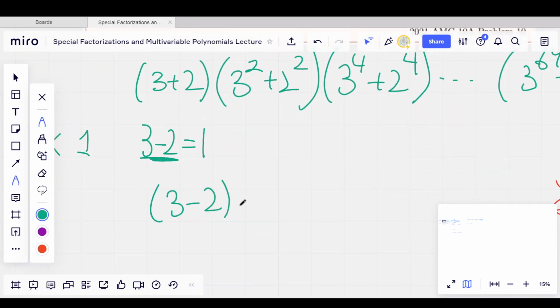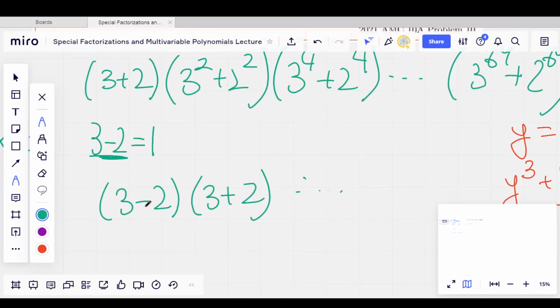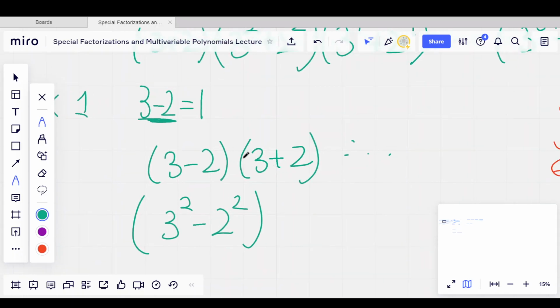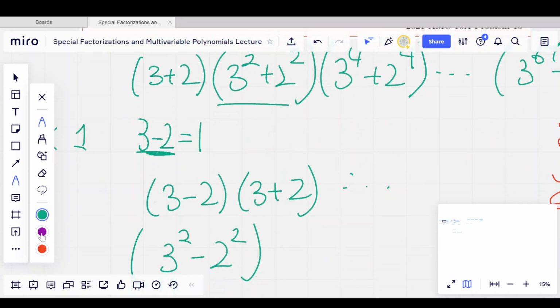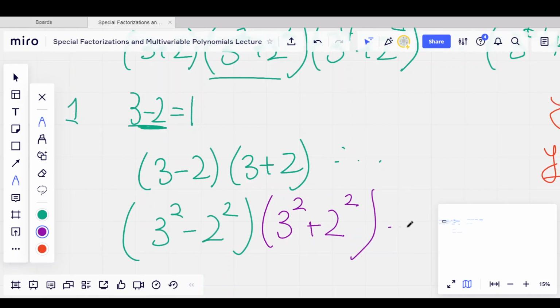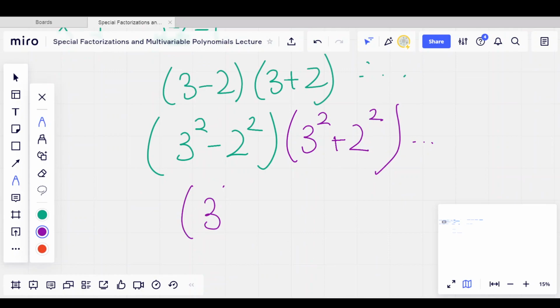So we can just do it like this, and then dot, dot, dot, right? And then this will be 3 squared minus 2 squared by the difference of squares. And then we also have this term, so we'll bring it down here, is a plus, and then dot, dot, dot. And then as you can see, it will just keep on collapsing.